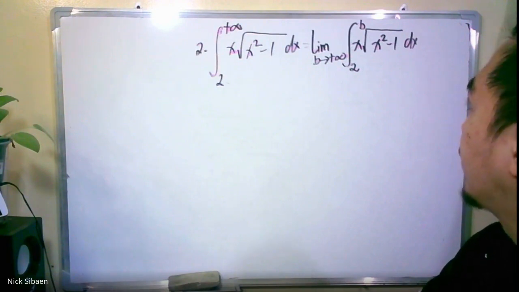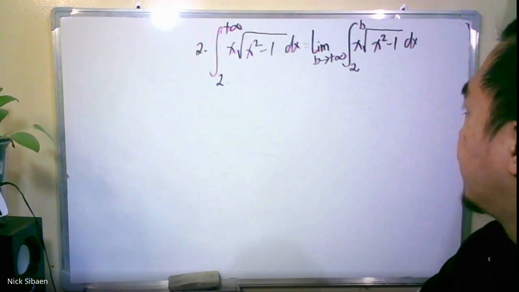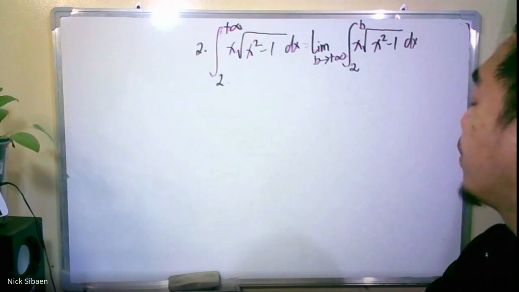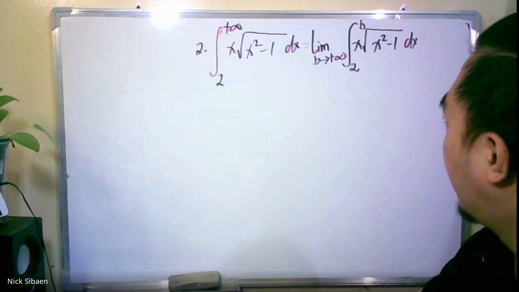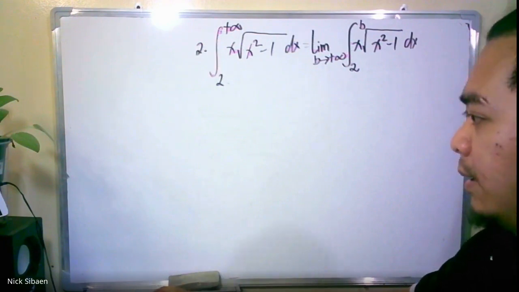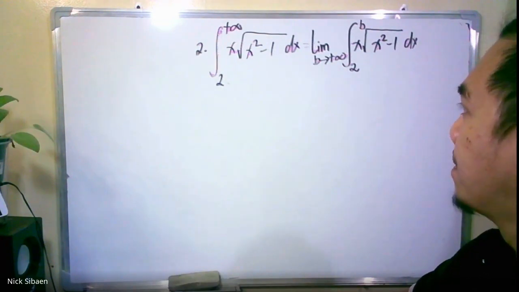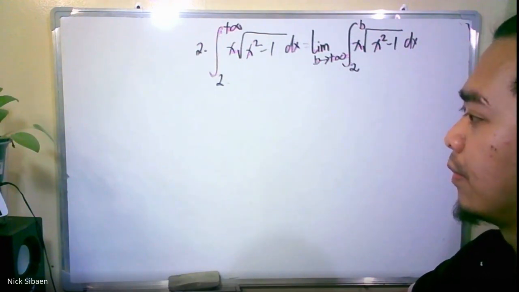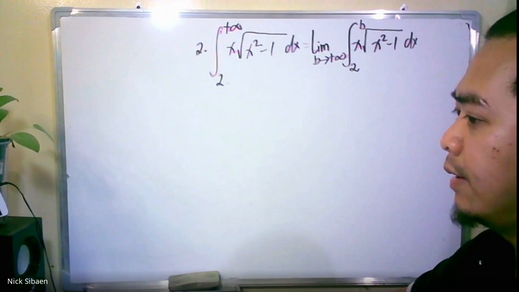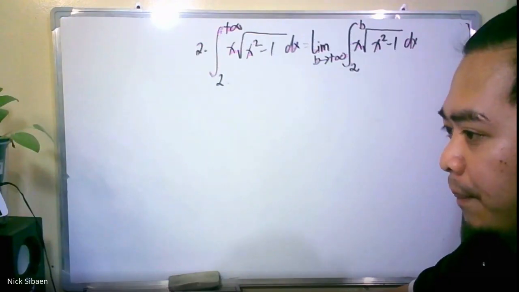Pwede yung trigonometric substitution din dito kasi it involves x squared minus 1, u squared minus a squared. Also, pwede yata din yung substitution dito. So, anong gagawin natin? Tayo ang magsabi, gawin natin. Anyone? Any suggestion? Use substitution, sir. Substitution, sige.